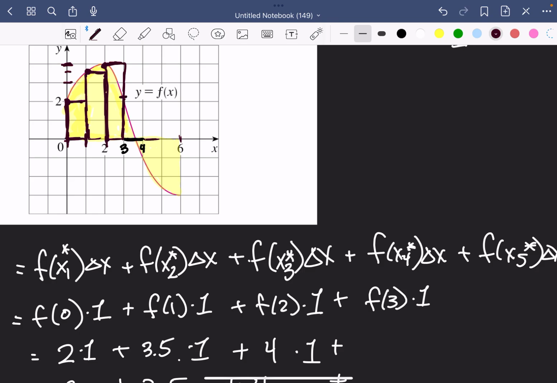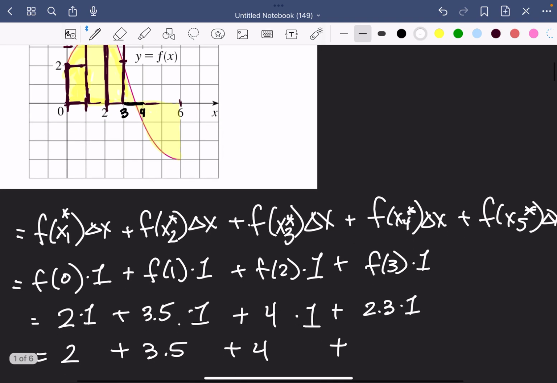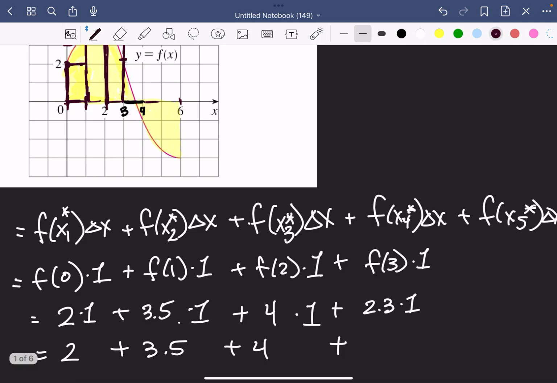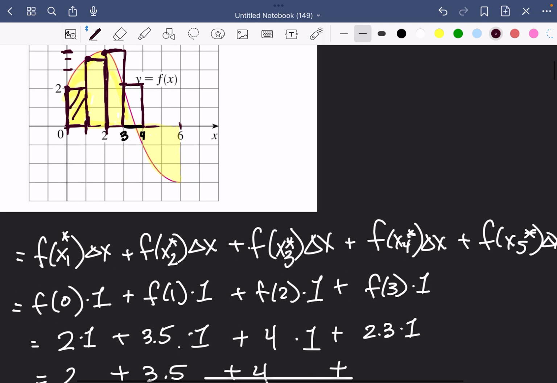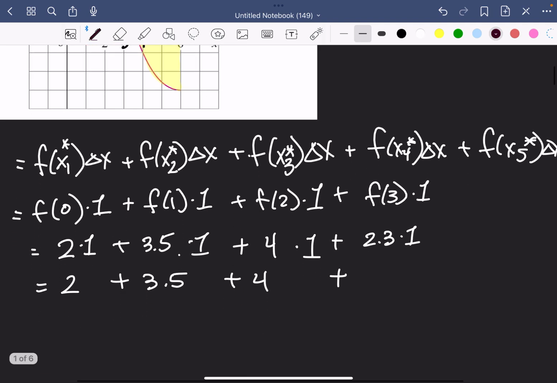That is about 1/3, so that's about 2.3, I would say. So if the height is 2.3 and the width is 1, then the area of that rectangle is 2.3.